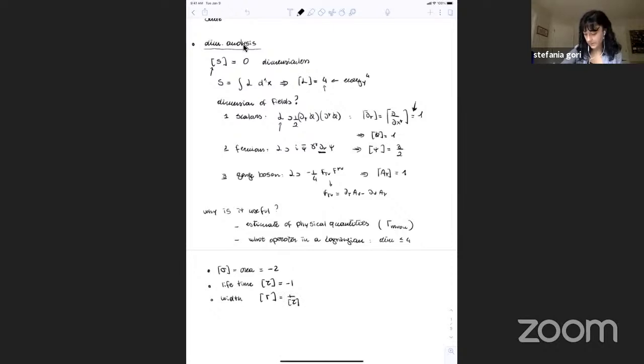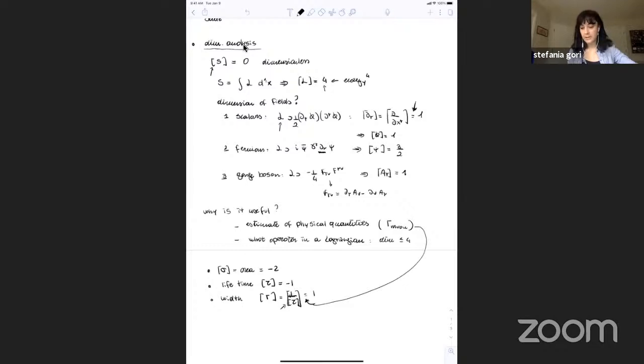I'm writing a little bit sloppy, but hopefully this notation doesn't confuse you. I should probably put the parentheses in this way. And this is equal to 1, okay? And we'll use this relation when we want to estimate the width of the muon later on today, okay?